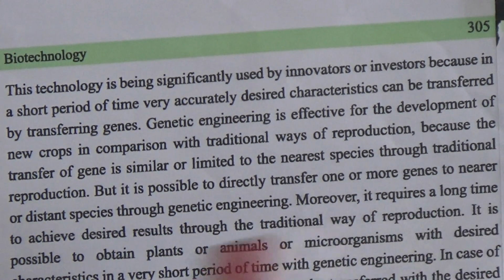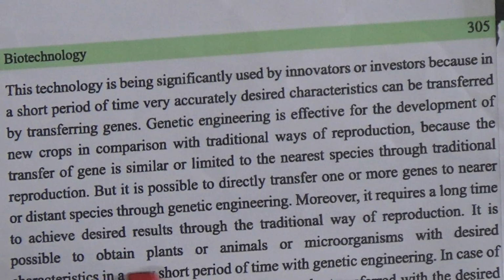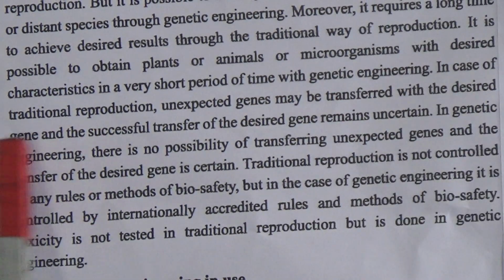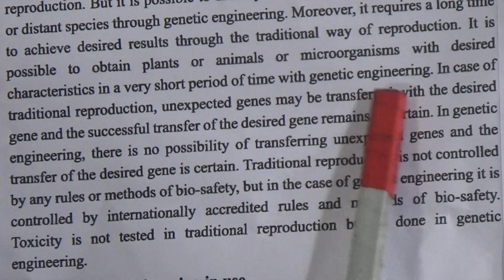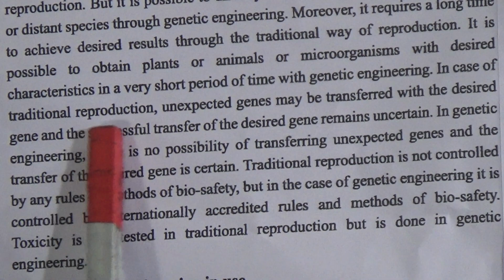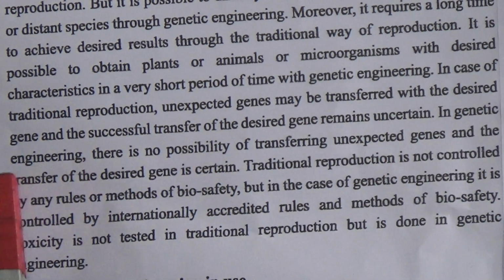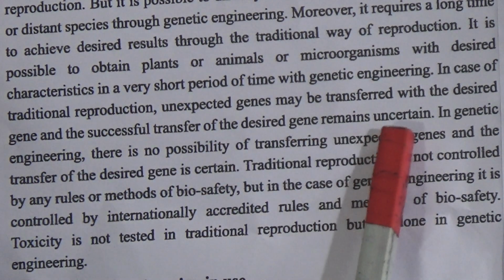Moreover, it requires a long time to achieve the desired result through the traditional way of reproduction. It is possible to obtain plants, animals or microorganisms with desired characteristics in a very short period of time with genetic engineering. In traditional reproduction, unexpected genes may transfer with the desired gene, and the successful transfer of the desired gene remains uncertain.